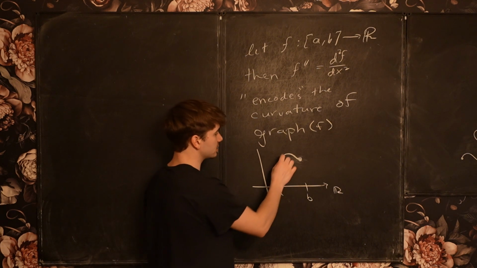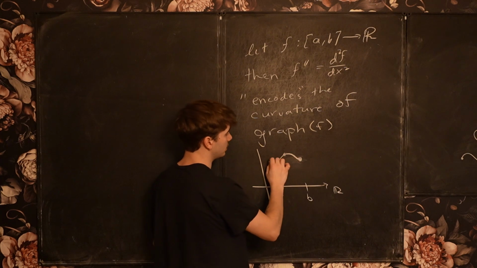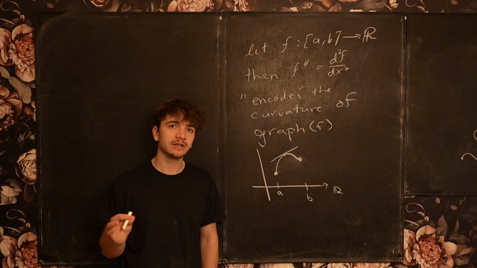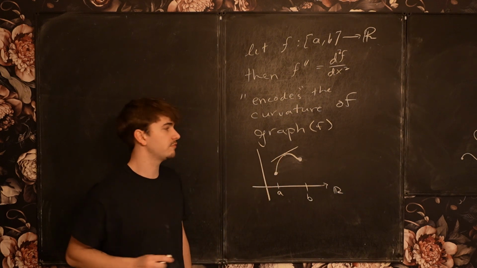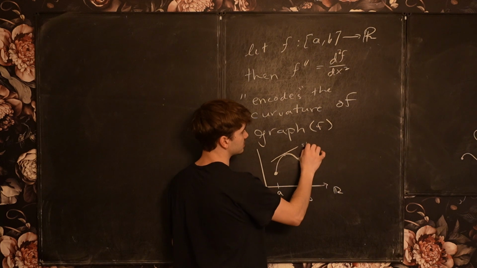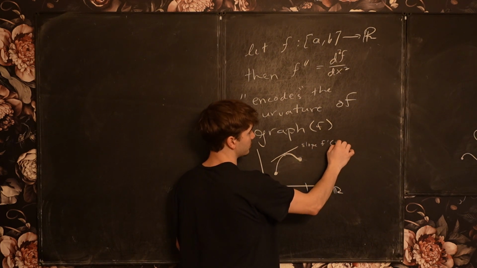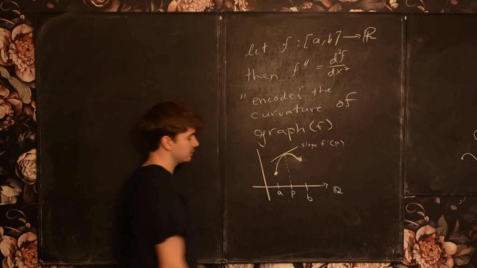If I fix a point on this curve, the tangent line is going to pass through the point that I've chosen and have the slope equal to the derivative of the function. So this has slope f prime of p, where p is my point that I've chosen.